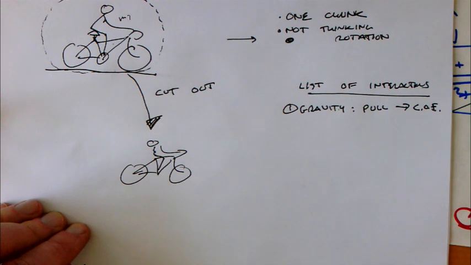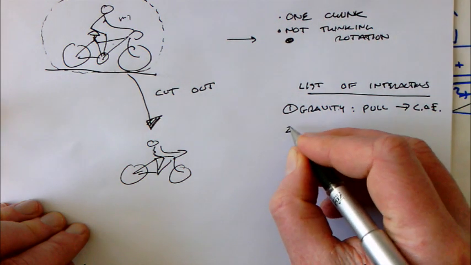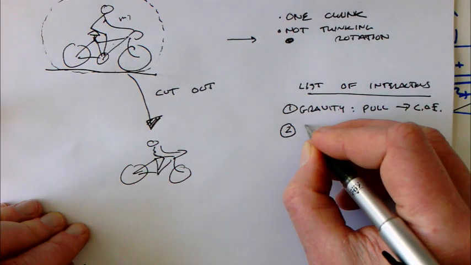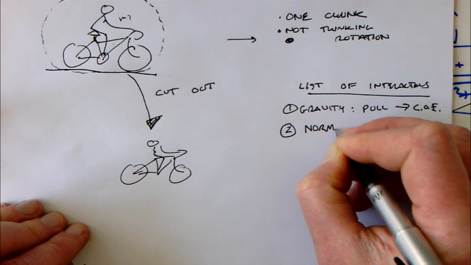Pretty clearly, a second interaction is that the ground is not allowing the bicycle tires to sink into the ground. The interatomic interactions are pretty strong, and they keep those bike tires on the surface of the road instead of allowing them to go down into the road. So a second interaction that's pretty clearly going to be present is a normal force.